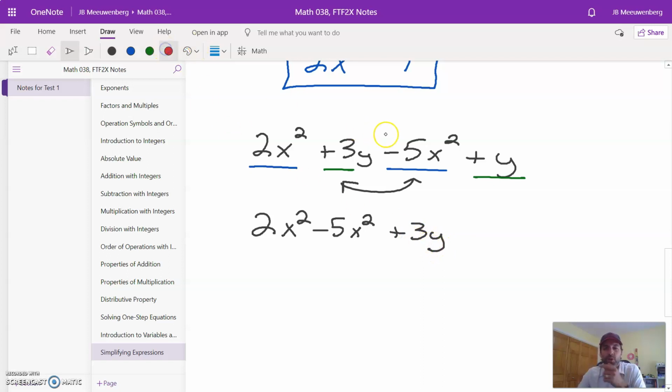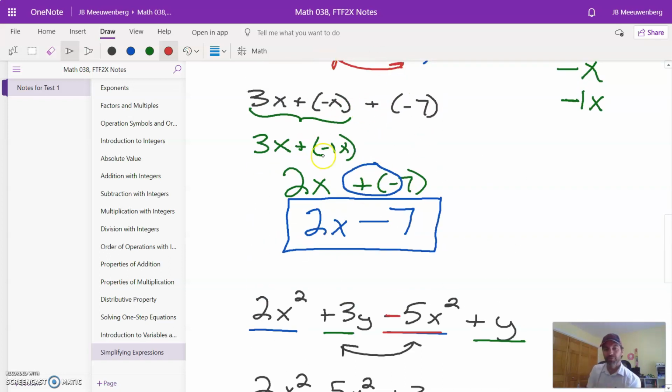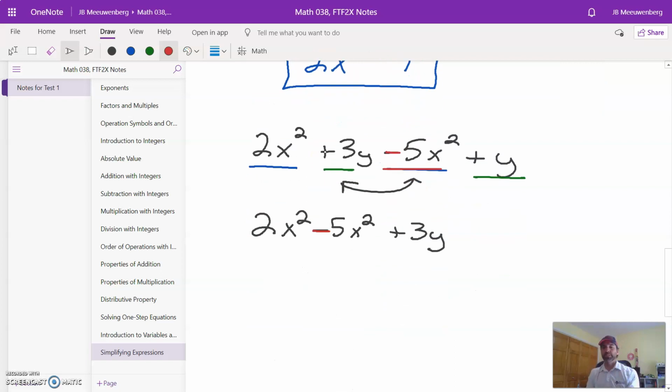Because the 5 had a minus in front of it, wherever we move this term, the minus has to stay in front of it. And this had a plus with the 3y, so the plus goes with the 3y. That's another way to apply this stuff without adding all the extra parentheses. Whichever way you find works for you is the way I want you to do it. Plus y comes down at the end.